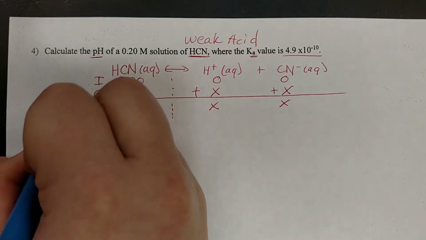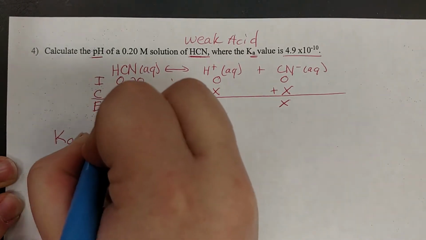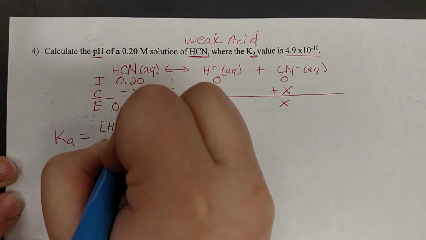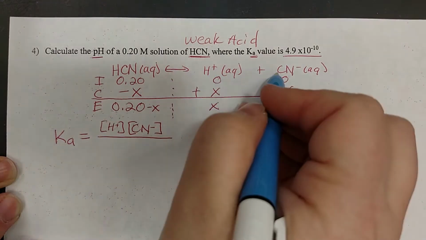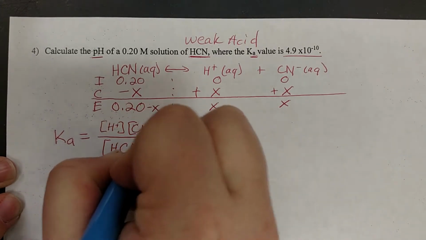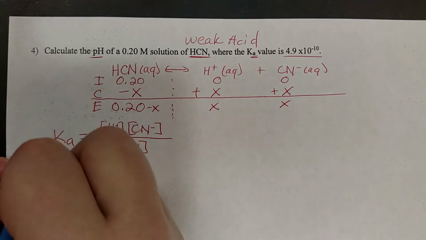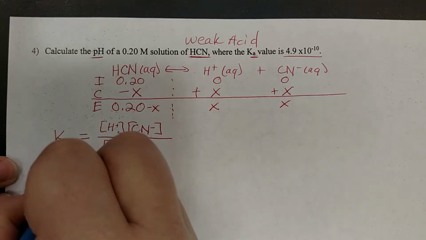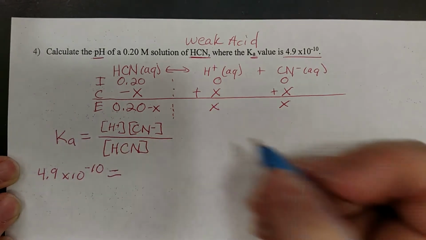So from here we want to set up our Ka equation. So Ka is the concentration of our hydrogen ion and our cyanide ion products, both raised to the first power, over our reactant, HCN, hydrogen cyanide, to the first power. And we can plug everything in. 4.9 times 10 to the negative 10th is our Ka value.